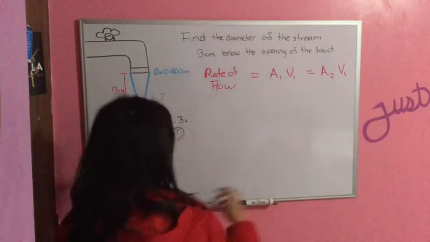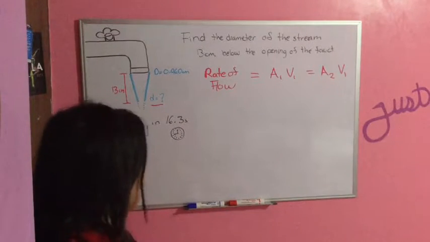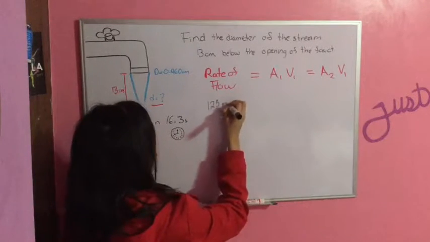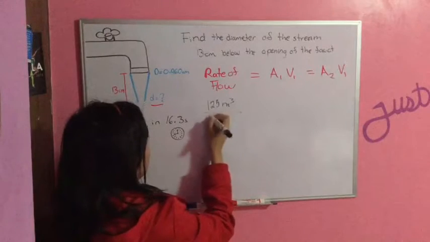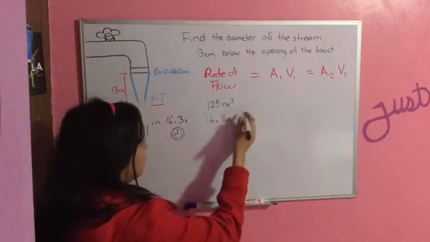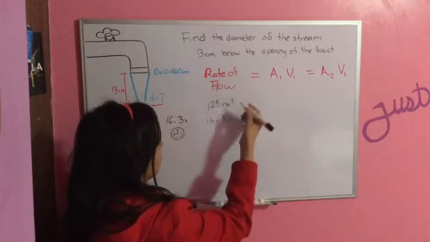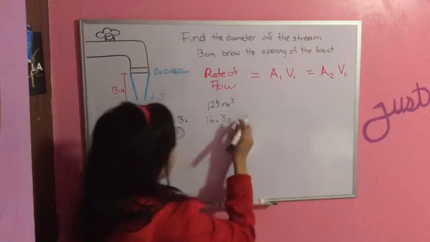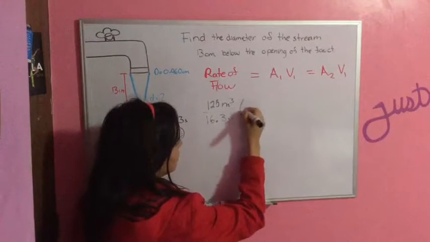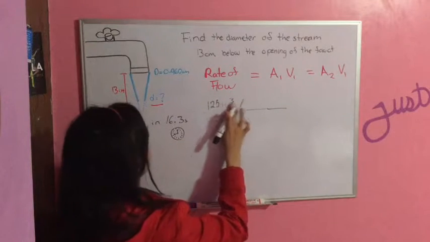In this part, it's quite easy to know the rate of flow. We know that the rate of flow is the volume over the time. So by dividing this, we'll get the rate of flow. But in order to have it in the good units, we have to convert it.